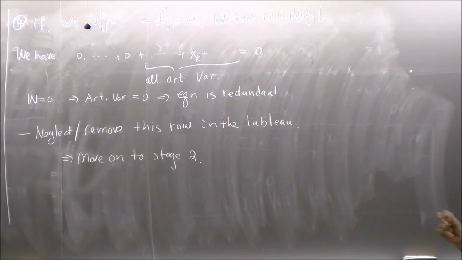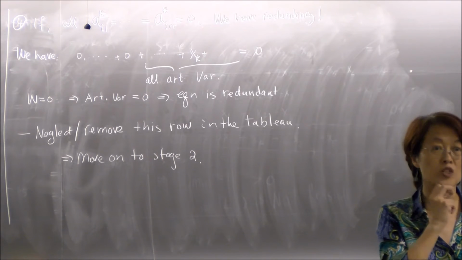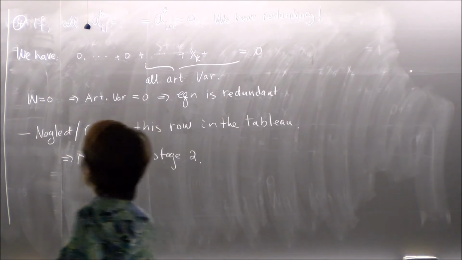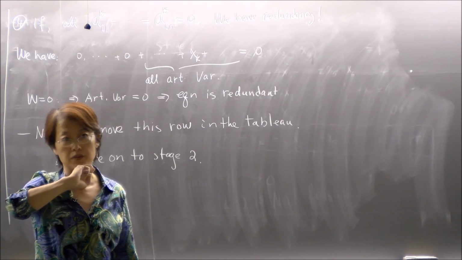Well, we check if any of the z coefficients is negative. Then we look at that column, and we find the positive A numbers. Is that right? And then we check the ratio on the right-hand side, and we try to pivot the one with the smallest ratio. There we require the A's to be positive to be chosen. Okay. And here, you only need this A to be non-zero.